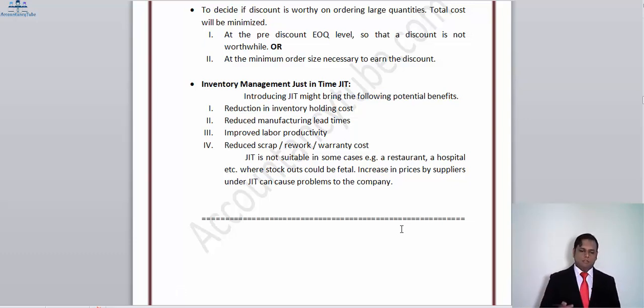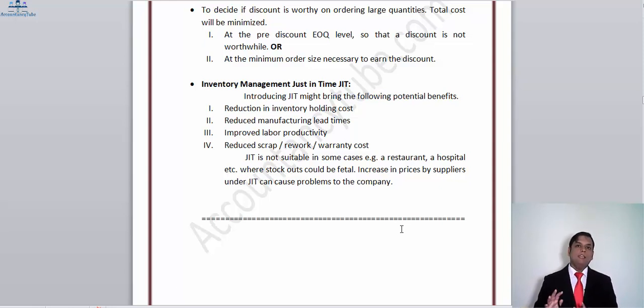Now, because of this, there are no holding costs. The business does not need to be concerned about wastage levels because we don't have a stock. We will not be reaching the maximum level. So in this way, the whole hustle of managing inventory goes away. However, it gives a lot of bargaining power to the supplier, which means we will always be calling our supplier in the time of need, which gives him the bargaining power to increase the prices whenever it wants.